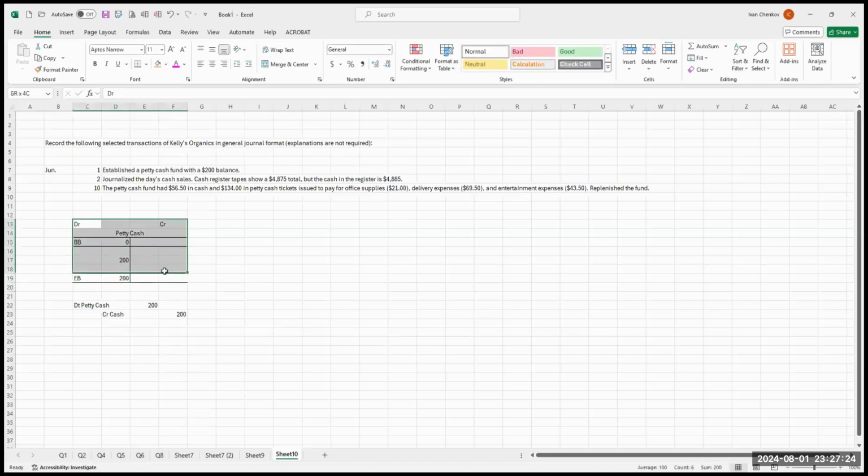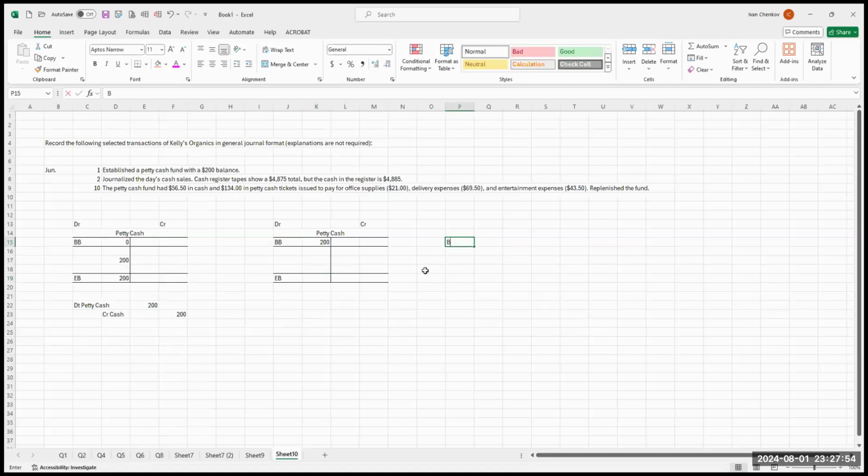Later on, we find out that in this account there are some activities. What happened with those activities? The people start spending money. So we have a beginning balance of 200. Our objective is to bring the ending balance to 200 again. But the people spend money, and they spent, in fact, $134.